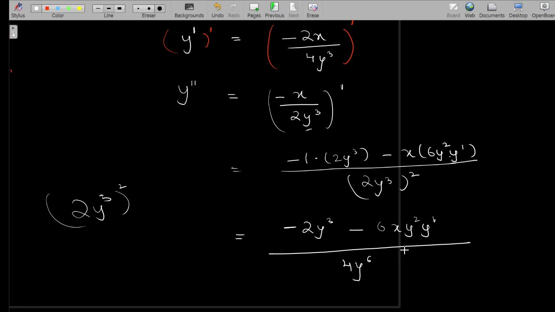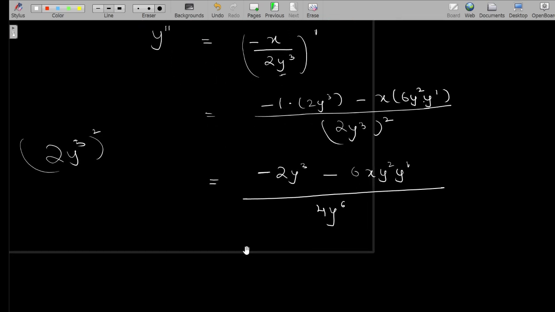And then do I divide everything by 2? Yes, then we can simplify this. What can we factor out? We can factor out a 2, and you can also factor out y square from every term. Divide by 2 and also divide by y square. Here you have y raised to 3, here y square, here y raised to 6.